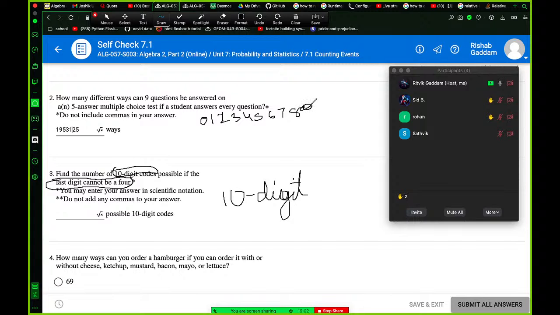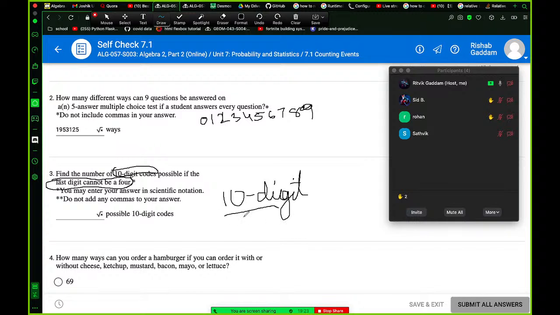And since you have 10 numbers and you have 10 digits, obviously that's 10 to the power of 10, which is a huge number.